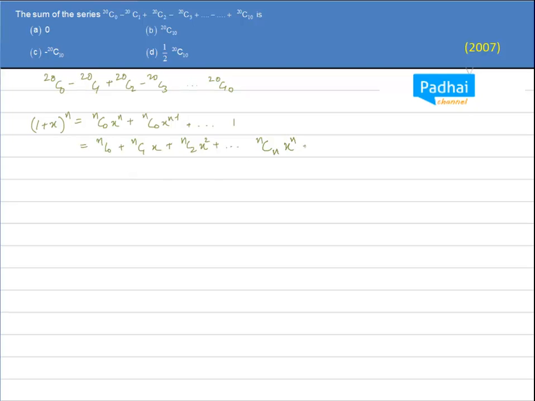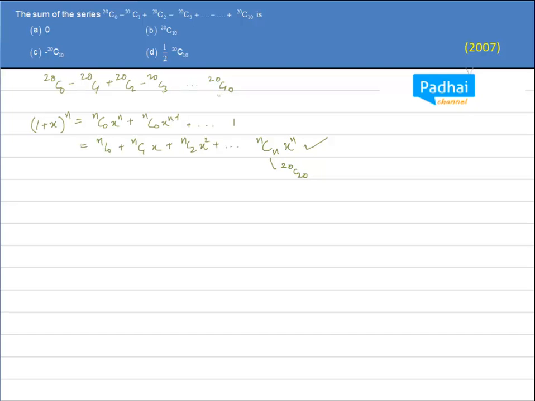I'll be using this series in this case. If you see the question carefully, first of all, it is not going till 20. If I put n equal to 20, the last term will be 20C20, but it is going only up to 20C10, but this is not a big deal.